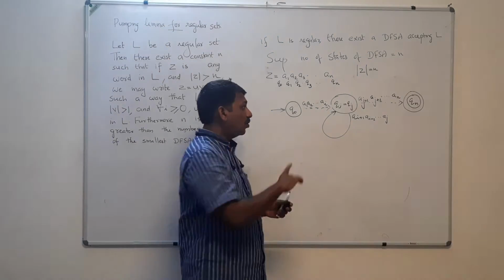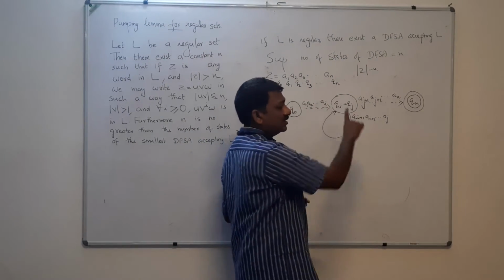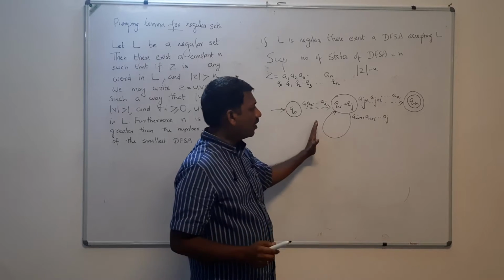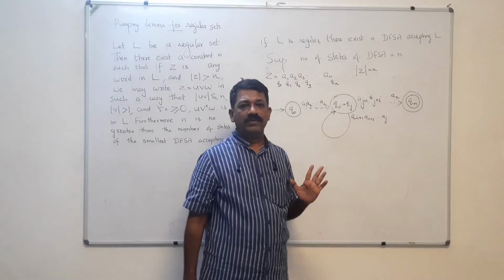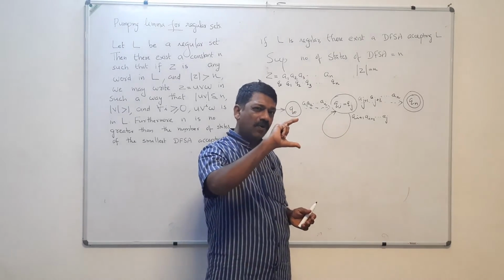That means at some point q_i and q_j will be the same. At some point it has to repeat.